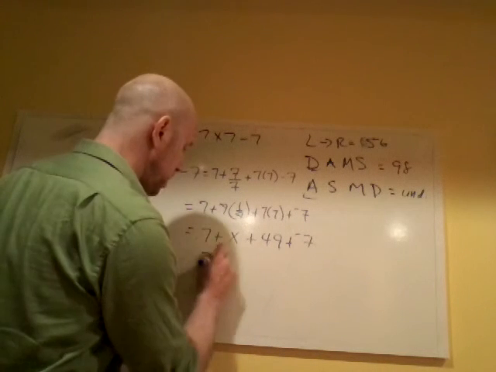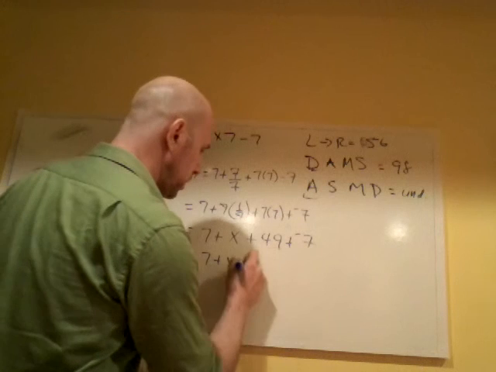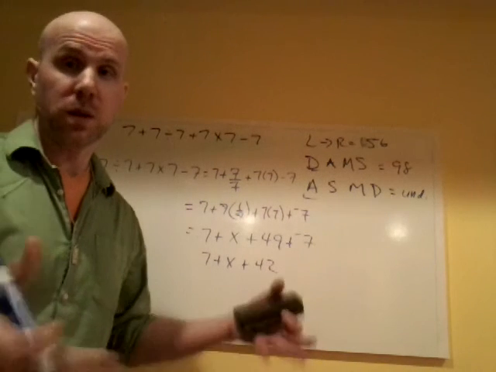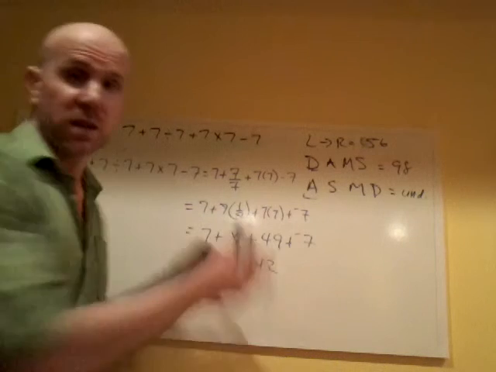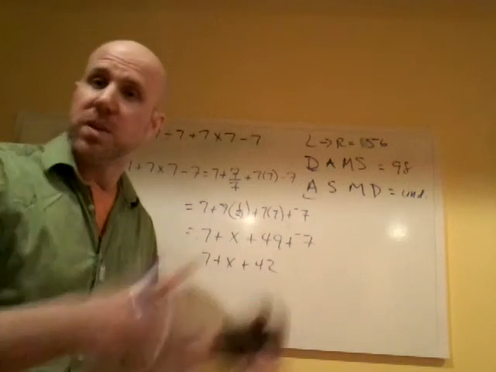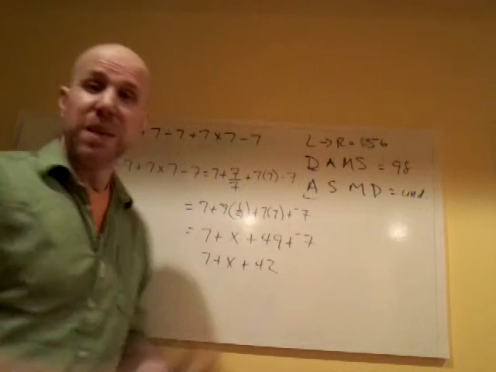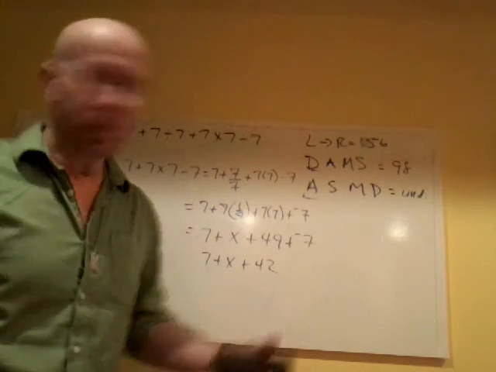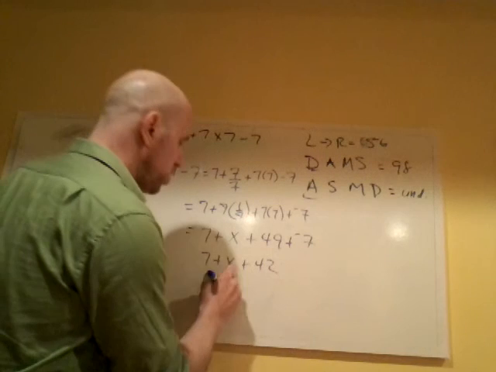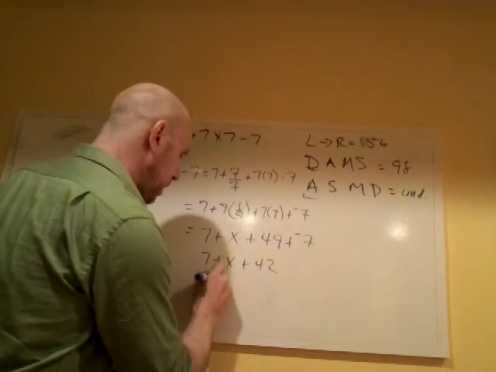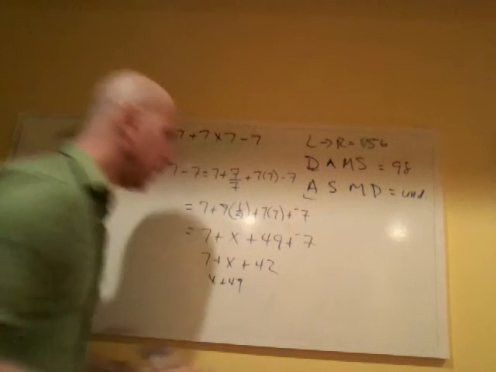I'd be stuck with 7 plus x plus 42. I'm stuck here because I'm only going to go left to right. I only have to stop at the x and pick up afterwards. But because I know this is all addition, because I know it doesn't matter what order I add things up in, I'm able to combine these two terms, well, they're like terms, and get x plus 49.